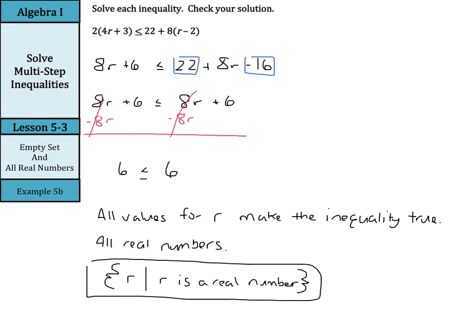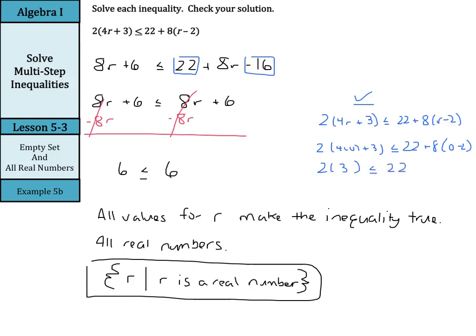Now, if you wanted to check this, and it's sometimes useful to check, we have 2 times 4r plus 3 is less than or equal to 22 plus 8 times r minus 2. Put in any number. And again, if any real number is true, let's just use 0. 2 times 4 times 0 plus 3 is less than or equal to 22 plus 8 times 0 minus 2. 4 times 0 is 0 plus 3, so we have 2 times 3 is less than or equal to 22 plus 8 times negative 2.